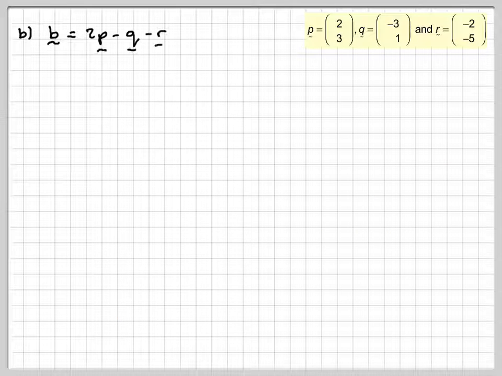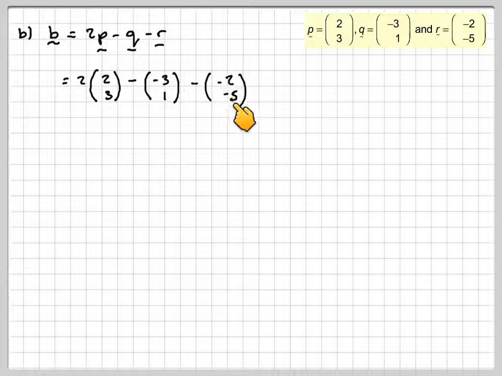Right, in the next one, here we have the vectors. I've got to find that vector B is equal to 2 times vector P minus vector Q minus vector R. So it's going to be 2 times (2, 3), minus (-3, 1), and minus (-2, -5). Now we need to take a little bit of care here. 2 times 2 is 4, 2 times 3 is 6.